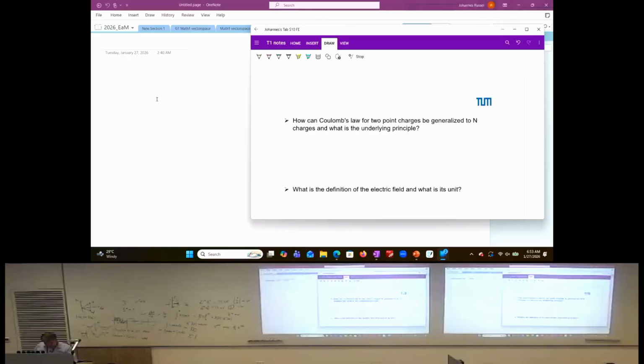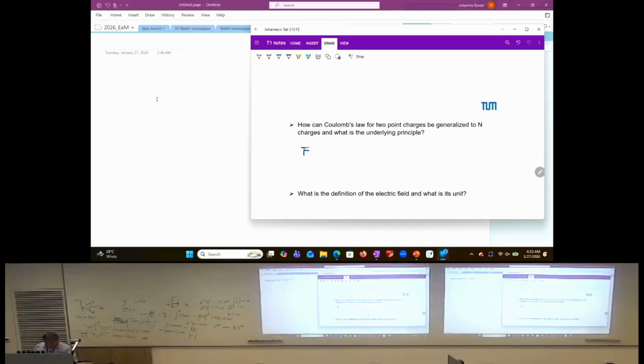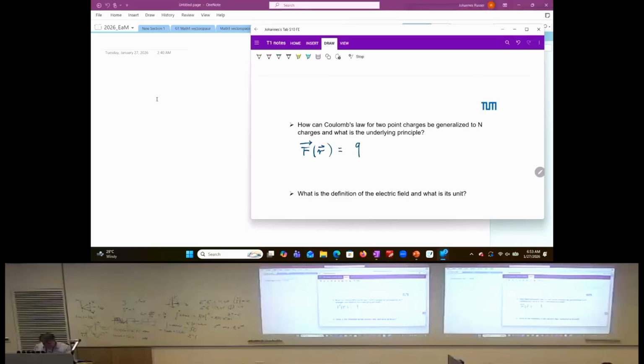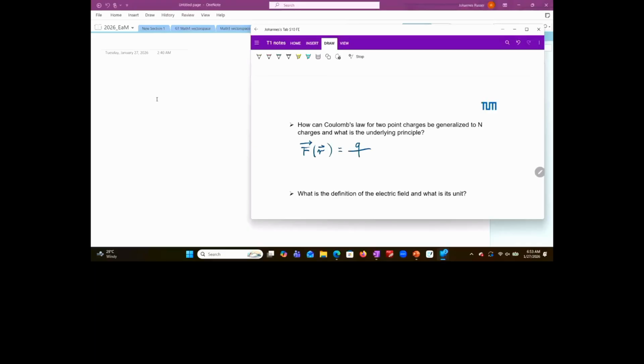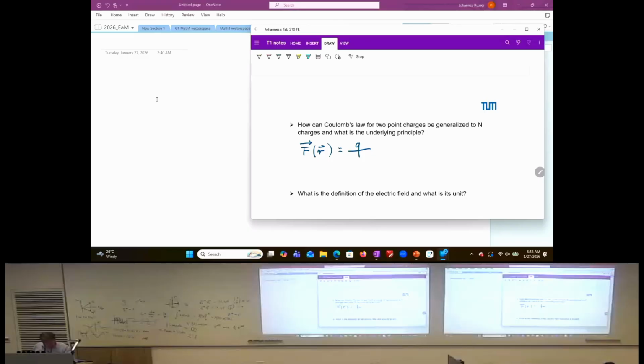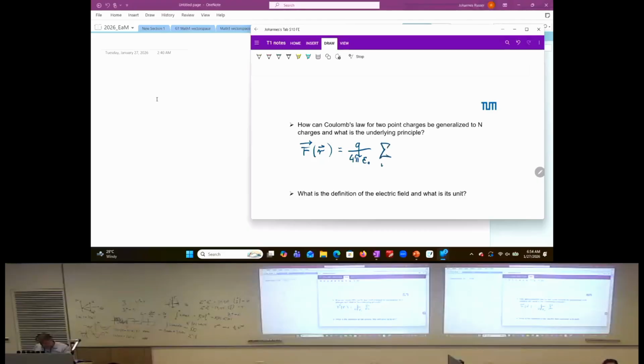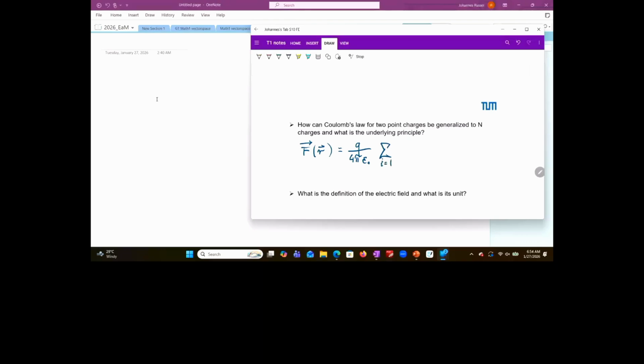Now, if we have a multitude of charges, then this is a charge we want to have the interaction that is Q, and due to all the other charges which are Q sub I, and I is running from 1 to n.